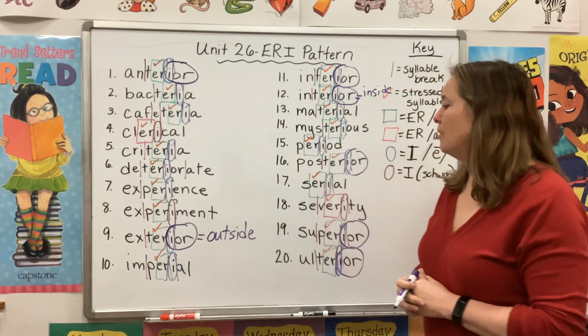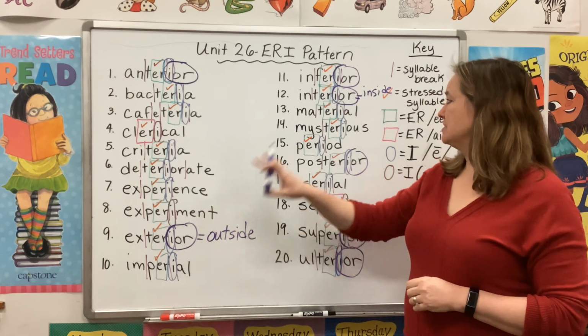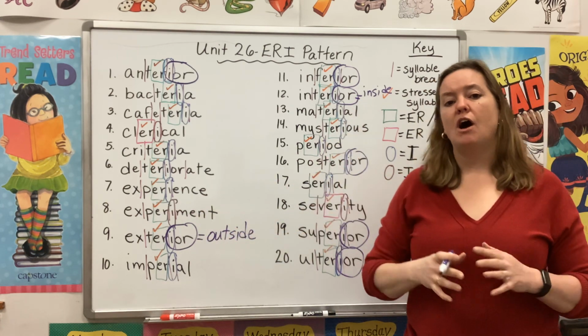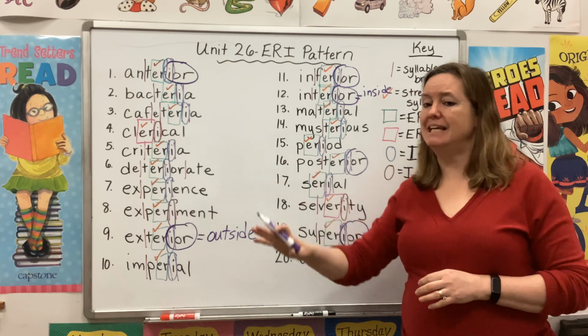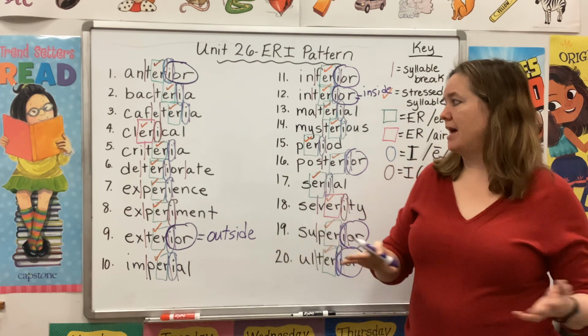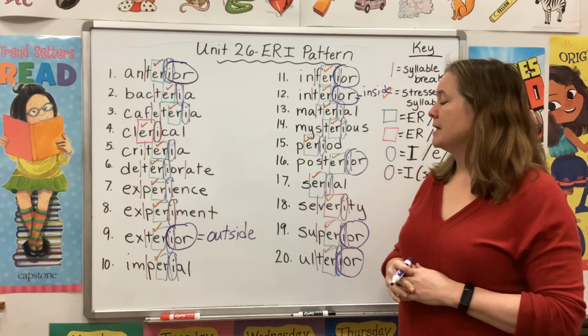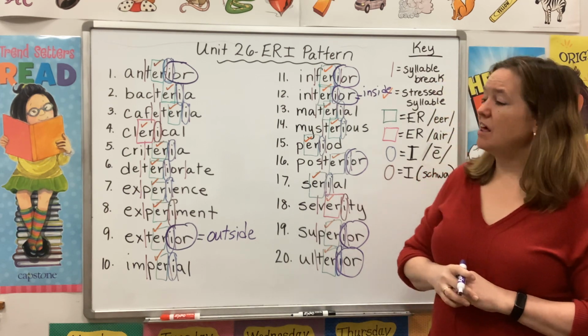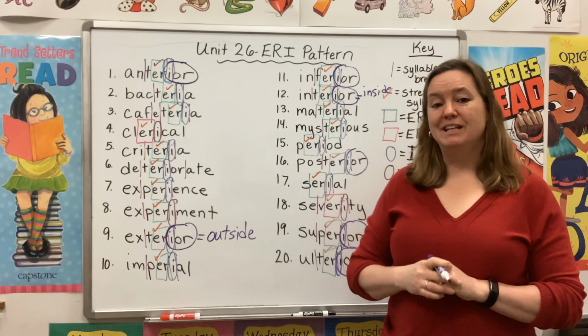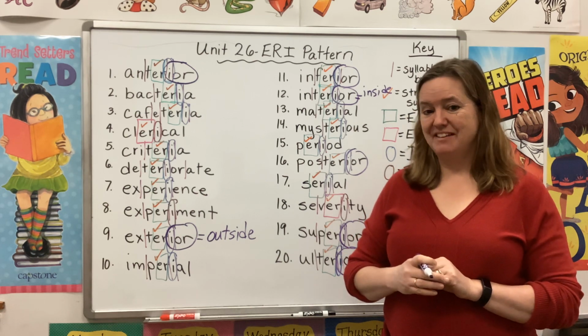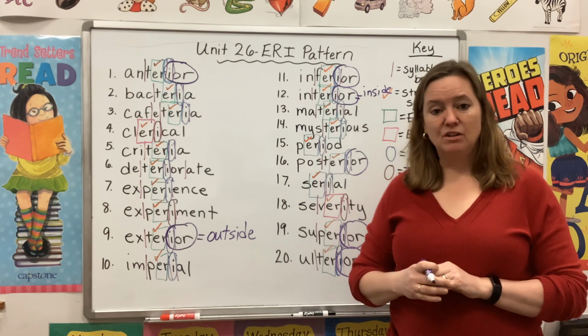Okay, so notice using words like exterior and interior are a great way to compare places, right? I'm not talking about the inside, I'm talking about the outside, or vice versa. Now, we have two other words that maybe you haven't heard of, but these words are really helpful in the scientific community, in the medical community.